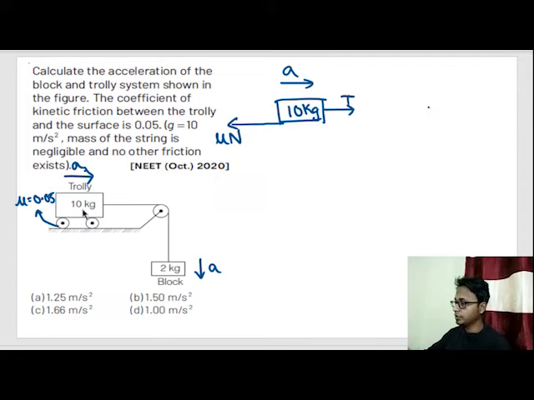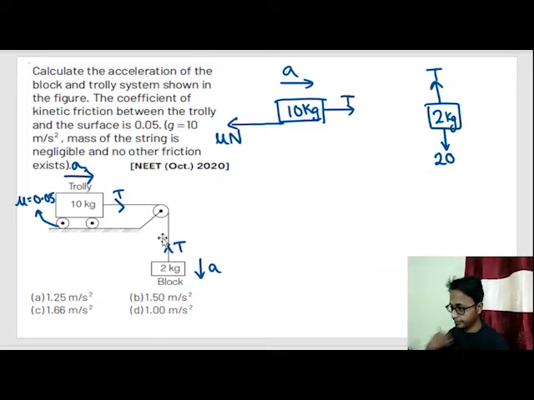And this is the acceleration. For the 2 kg block, gravity force will be acting, 2 into 10, and tension T will be acting upwards. Since the wire is the same, this tension and this tension will be the same. Since the mass of the string is negligible, you have to calculate the acceleration.